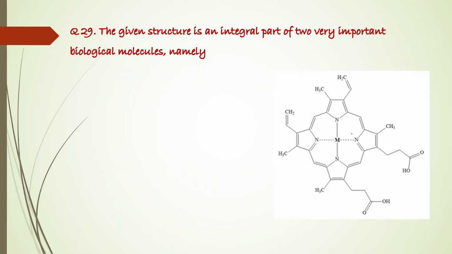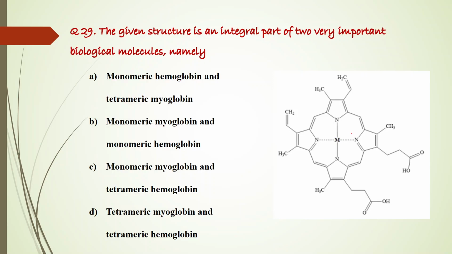Okay. Moving to the next one. We all know this. It is saying the given structure is an integral part of two very important biological molecules. We can see this is basically porphyrin. So why is it important? Porphyrin is present in hemoglobin and myoglobin.